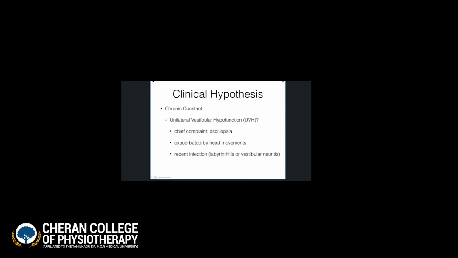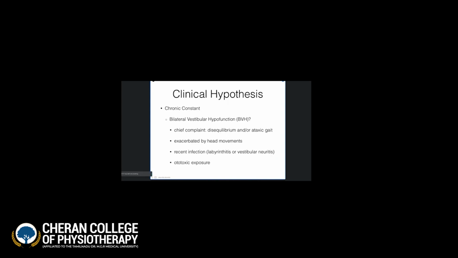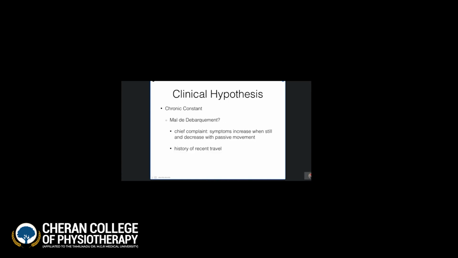When you find out the patient has a chronic problem, it might be unilateral vestibular hypofunction. This is where one vestibular system is working and the other is not working. It is not acute, you always get it in the chronic stage. And bilateral vestibular hypofunction. So you might get these two problems.